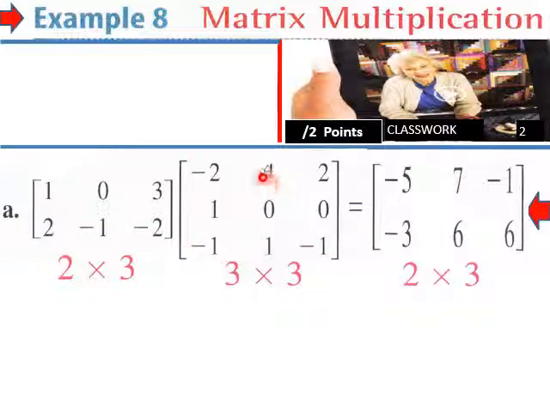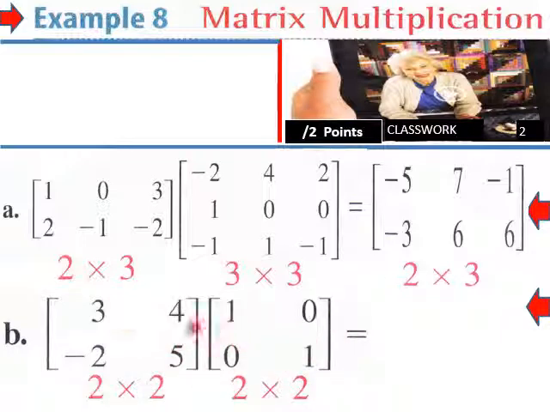So 2 times 4 would be 8, 0, and then -2 would be +6 here for this part of the matrix. And then this row by this column for this member here. So it would be 4, 0, and then +2 would be +6 for this matrix there.